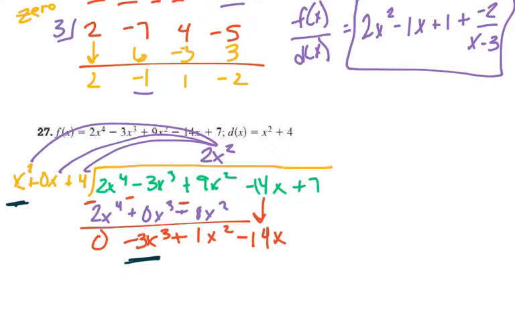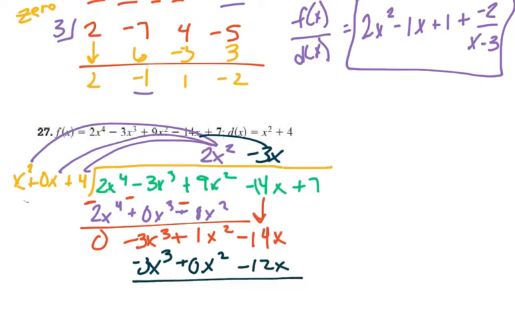So we're missing a negative 3, and we're also missing a power of x. So we distribute that into each of these 3 pieces. And now we're going to get negative 3x cubed, yay, and 0x squared, and negative 12x, which we will subtract. So if I subtract, I get 0, which is what we want.